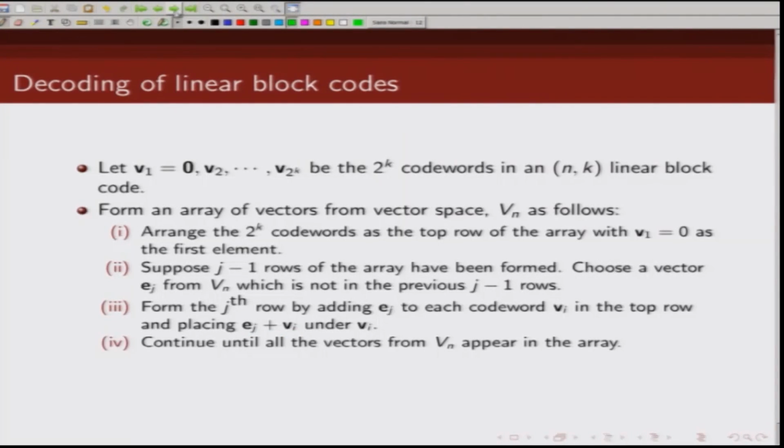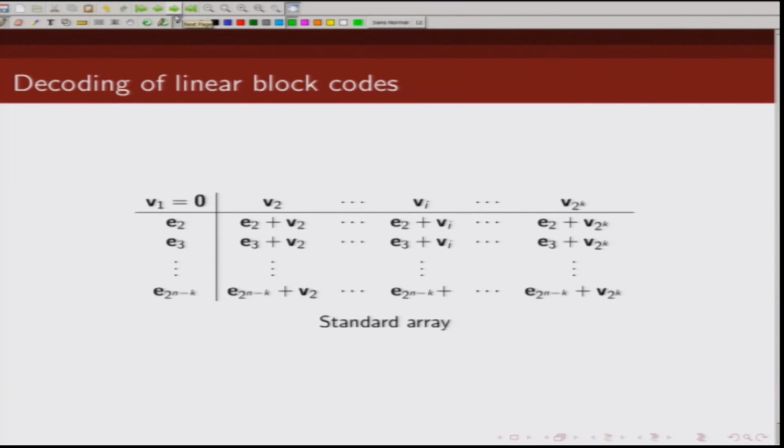I will just explain what I mean by this. As I said, in the first row we have listed all the code words with the all-zero code word as my leftmost entry. Now, let us say I have already formed some rows and I want to form the jth row. How do I find it? I will pick an error vector E_j, let us say this E3, which has not appeared before.